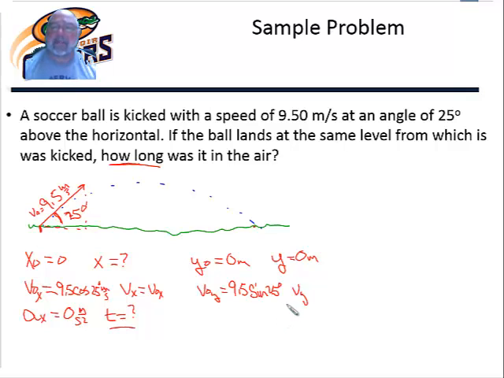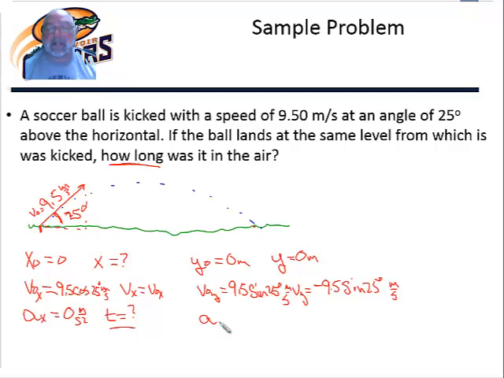Yeah, what goes up comes back down, but in the opposite direction. So we're landing at the same height that we took off from, so the final velocity in the y direction is equal to our initial, but in the opposite direction. So it's going to be a negative 9.5 sine 25 degrees meters per second.